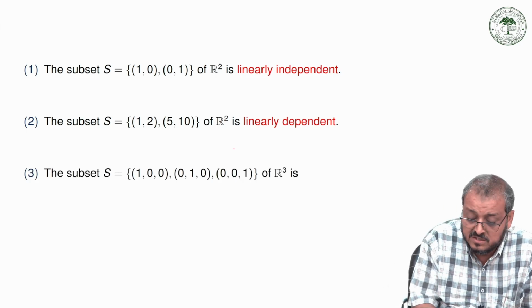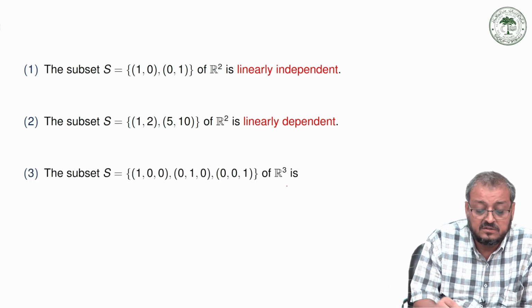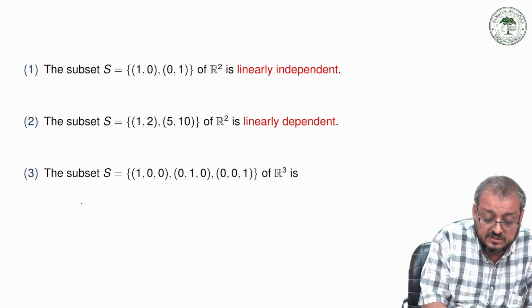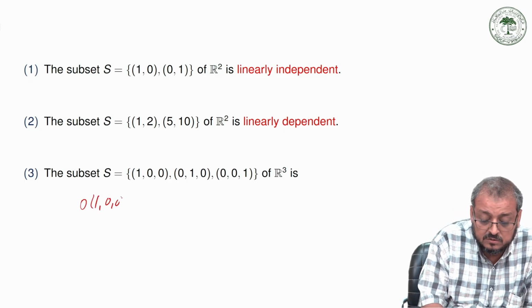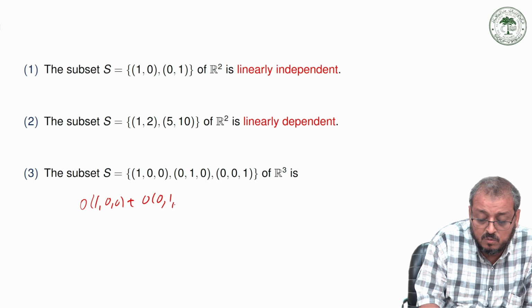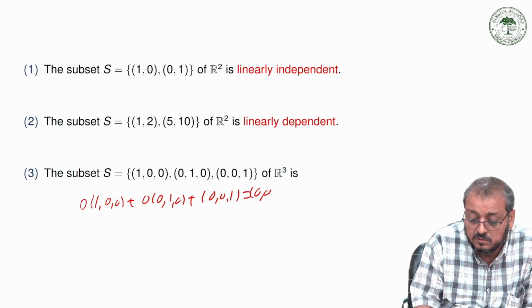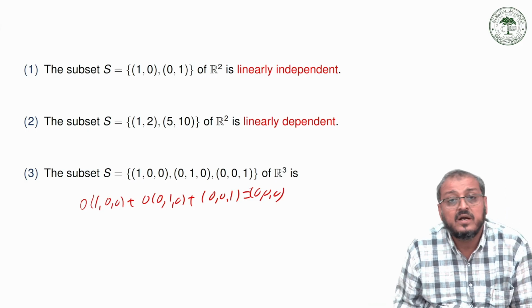Suppose now we take this set of vectors in R3. Again, the only possible solution is 0 times (1, 0, 0) plus 0 times (0, 1, 0) plus 0 times (0, 0, 1) equal to (0, 0, 0). No other way can we get a 0 vector.